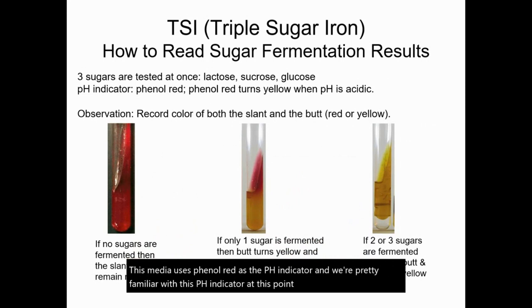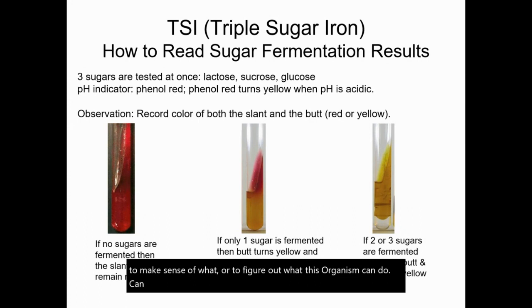When the environment is acidic as a result of fermentation, phenol red becomes yellow. If there's no fermentation happening, then the indicator remains red. So we're really looking at the color of the slant and the color of the butt to figure out what this organism can do.